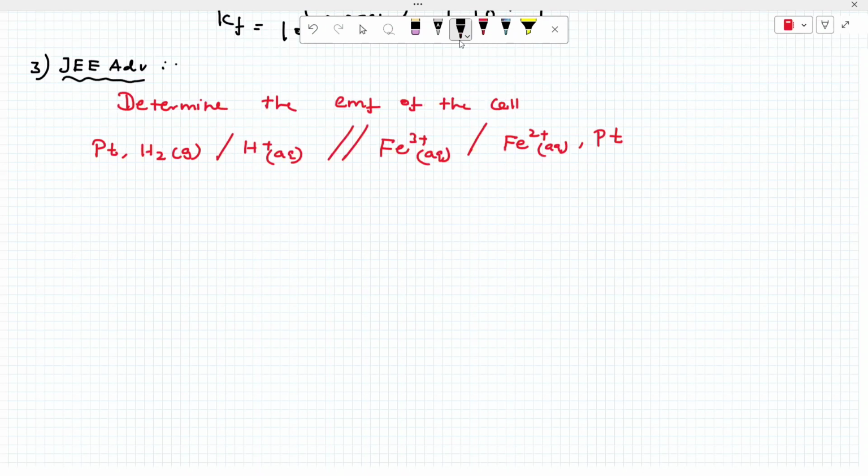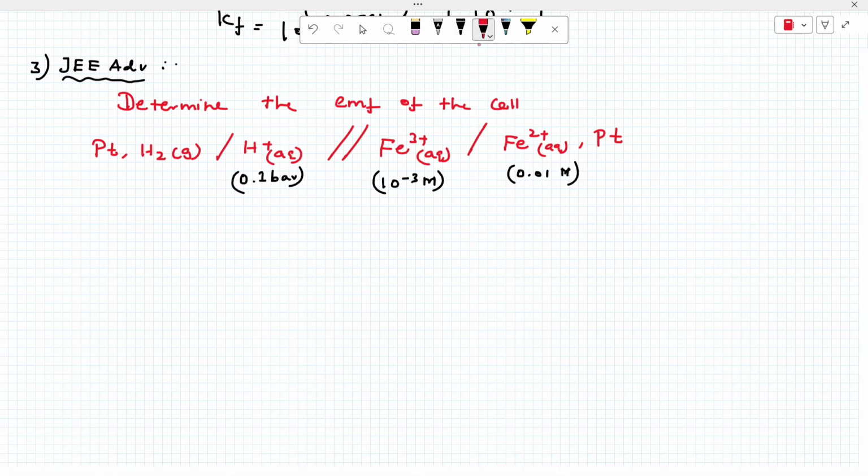Pressure of the gas is 0.1 bar. Fe3+ is 10 power minus 3 molar. Fe2+ is 0.01 molar. They are giving the given values.